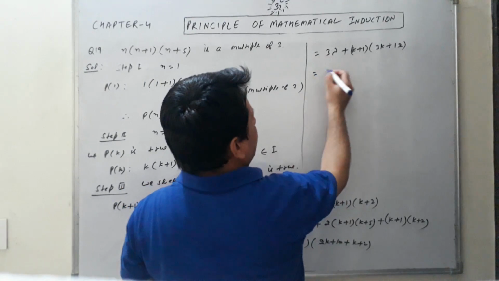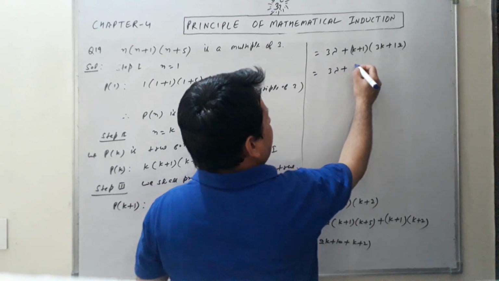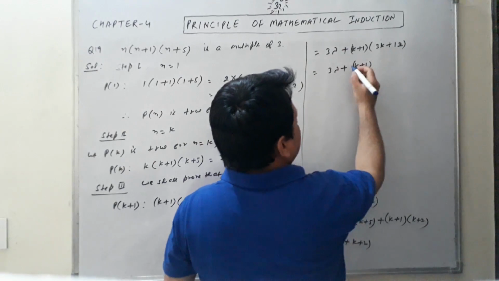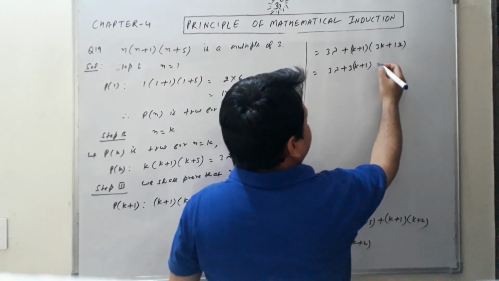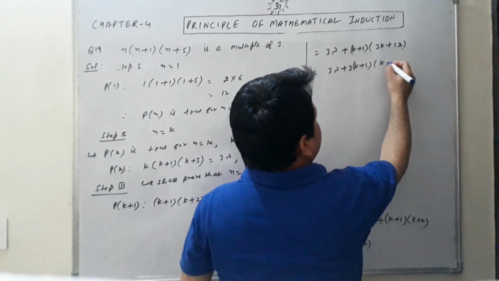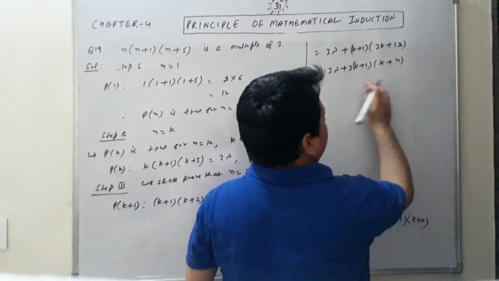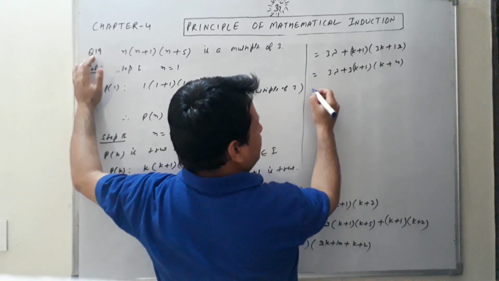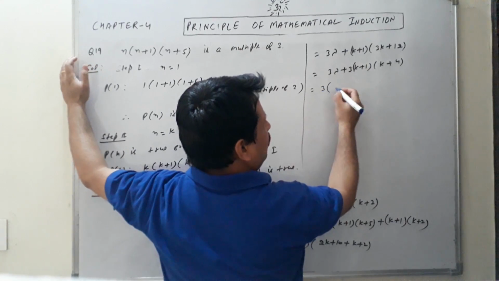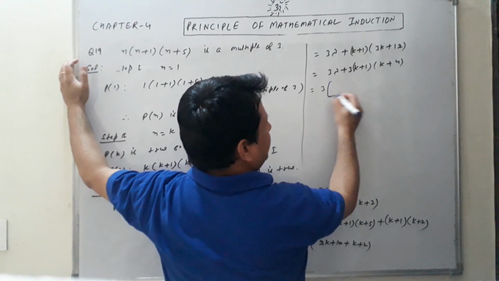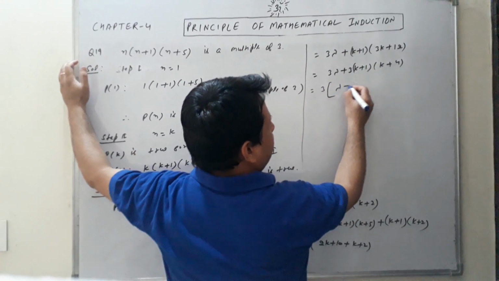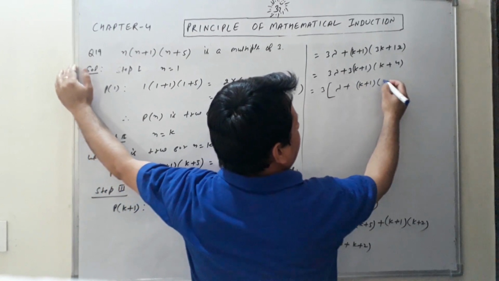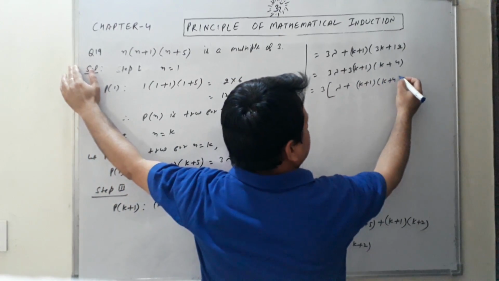Now here this is 3 lambda into k plus 1. Now students, a notable point is there, 3 is also common there. So it will come as k plus 4, 3 fours are 12. In the last step I am taking 3 as common. From there, 3 into lambda plus k plus 1 into k plus 4 students.